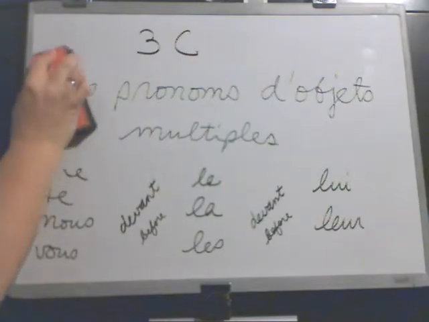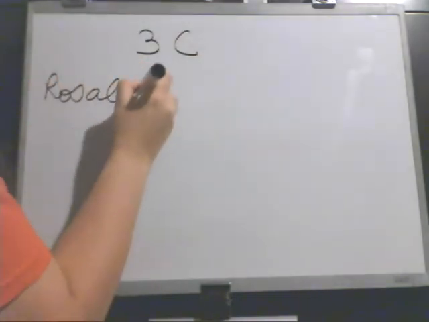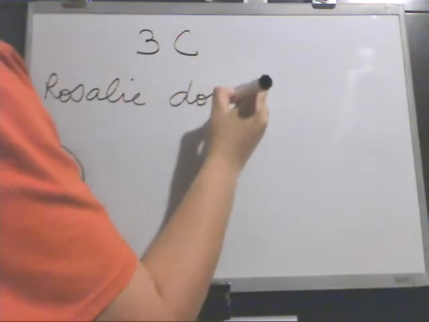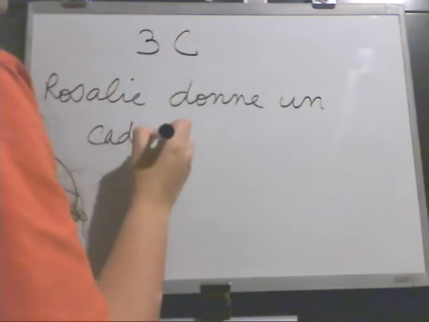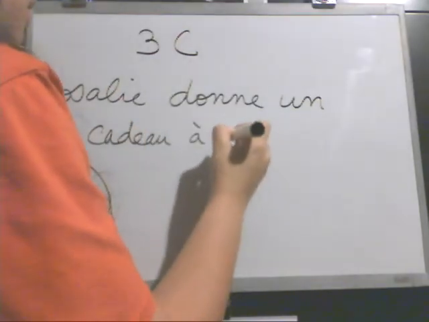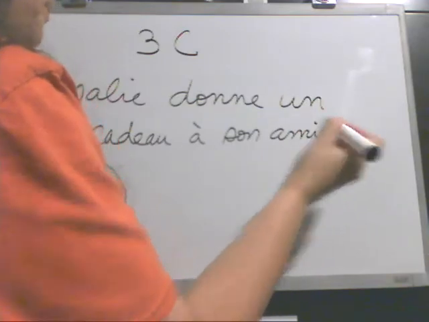For example, let's say that Rosalie donne un cadeau, a gift, à son ami. Let's make her feminine.